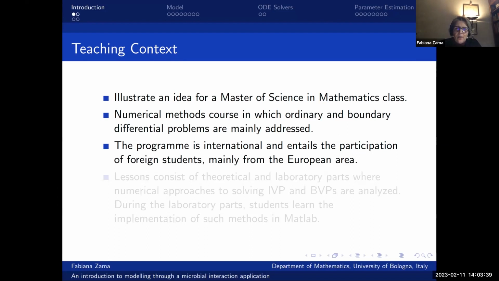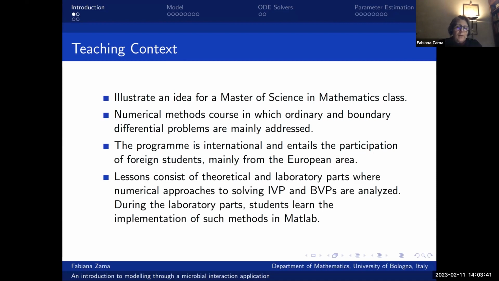Each lecture consists of a theoretical part and a laboratory part. During the laboratory part, students learn how to implement these numerical methods. But usually, in standard teaching, we give them simple models that we use to illustrate theory, and then they apply them and study the algorithm and the programming on them.